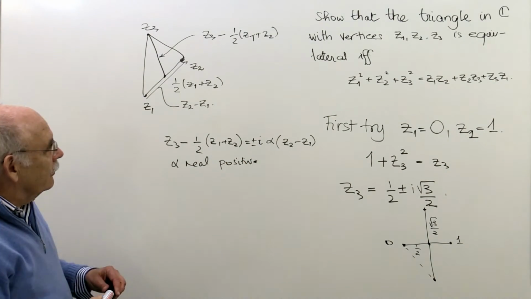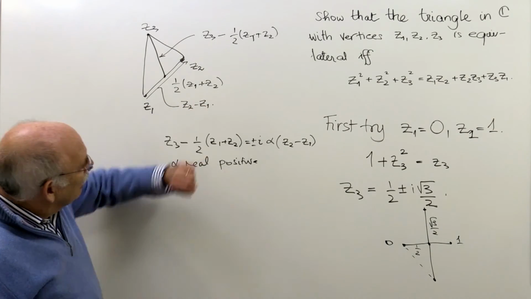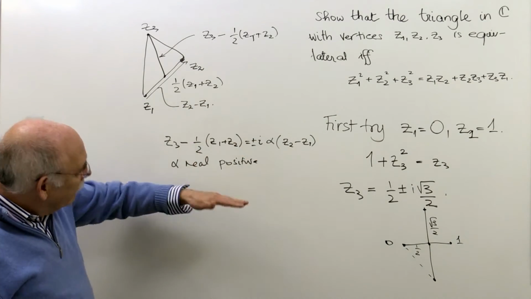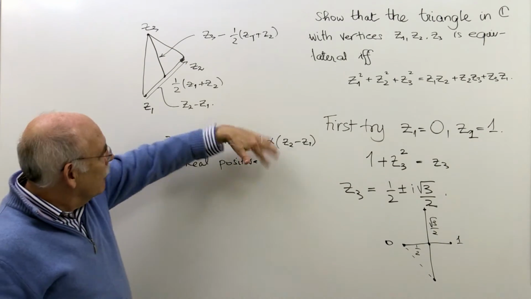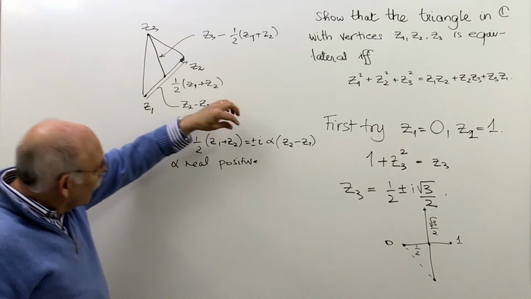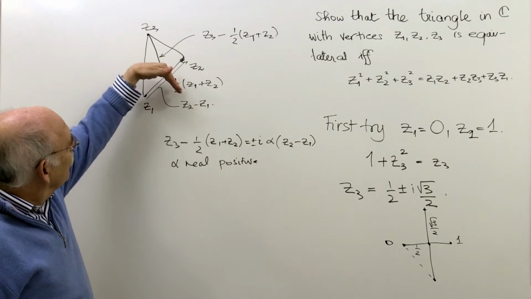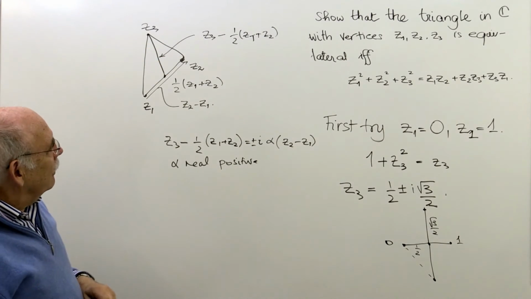So this is the condition that says that the median is obtained by multiplying this line segment by plus i or minus i, and then maybe changing the length. When I multiply by plus i or minus i it becomes perpendicular to that segment.